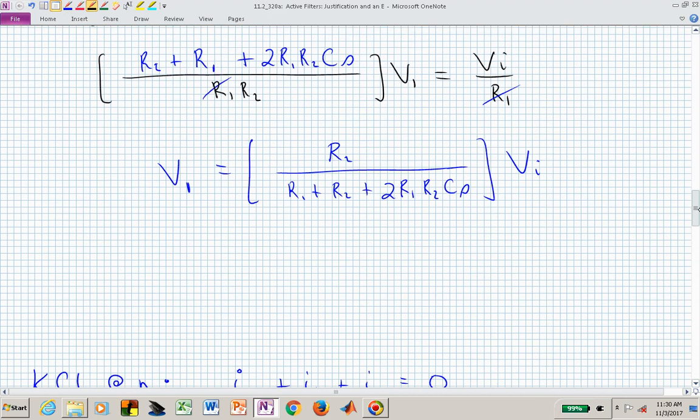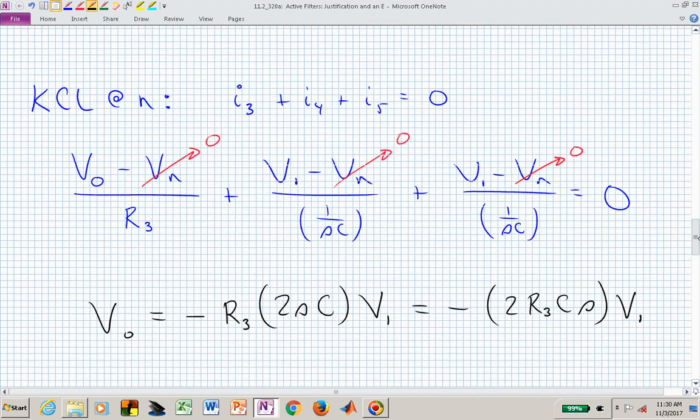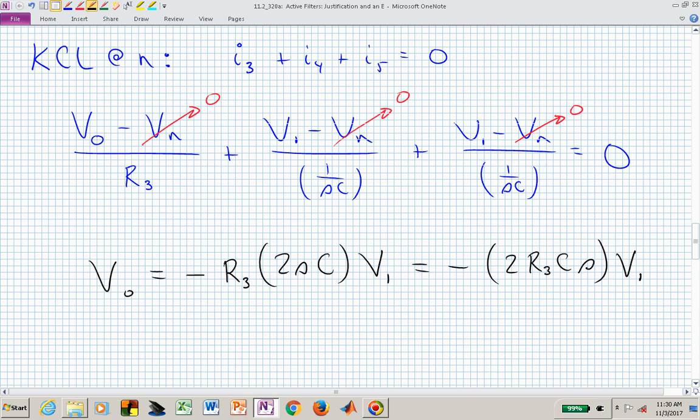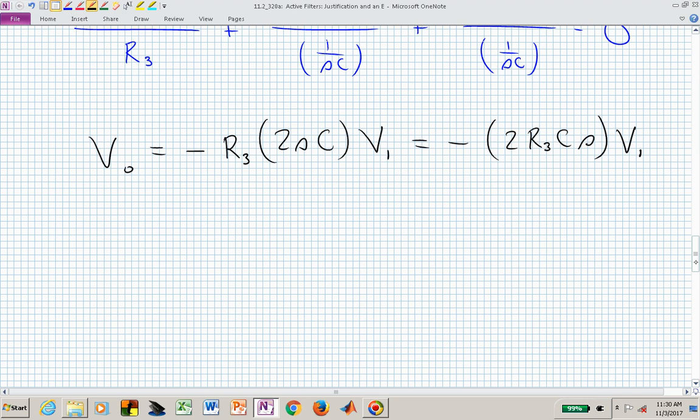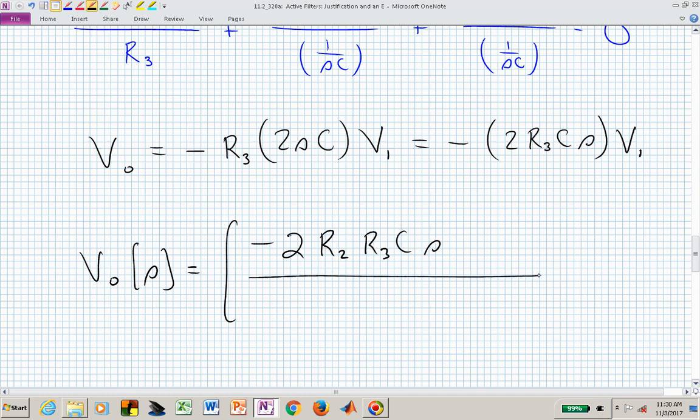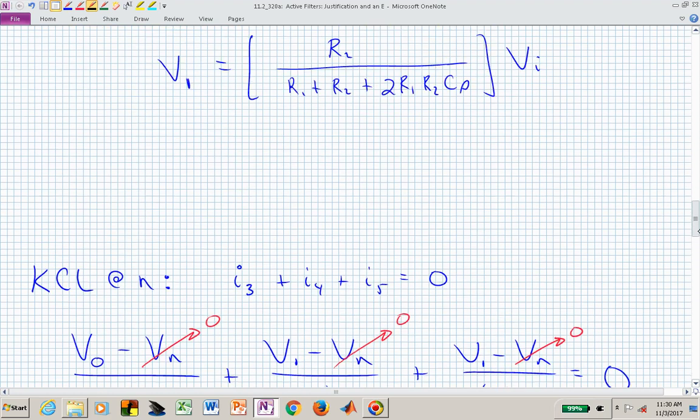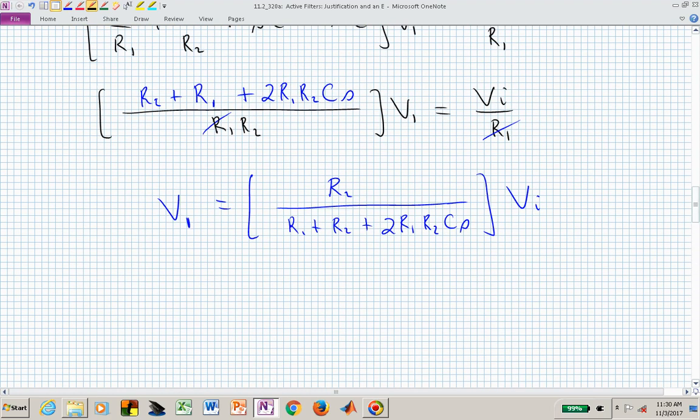So if we do that, this R sub 2 in the numerator will also see this product in the numerator, or that term will now join that other term in the product, so that we now have V sub 0 of s is equal to minus 2, there's the R sub 2 from the earlier transfer function, R sub 3 C times s over the denominator of that first transfer function, which is now right here, R1 plus R2 plus 2 times R1 R2 C times s.